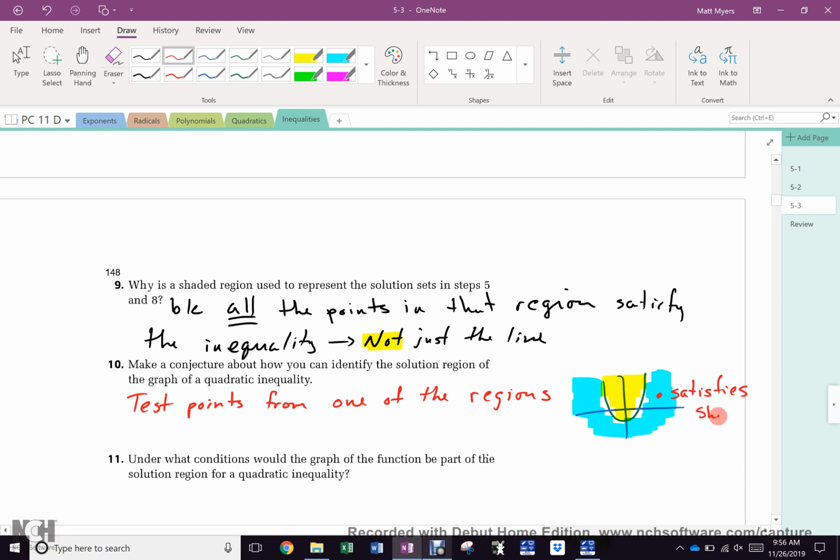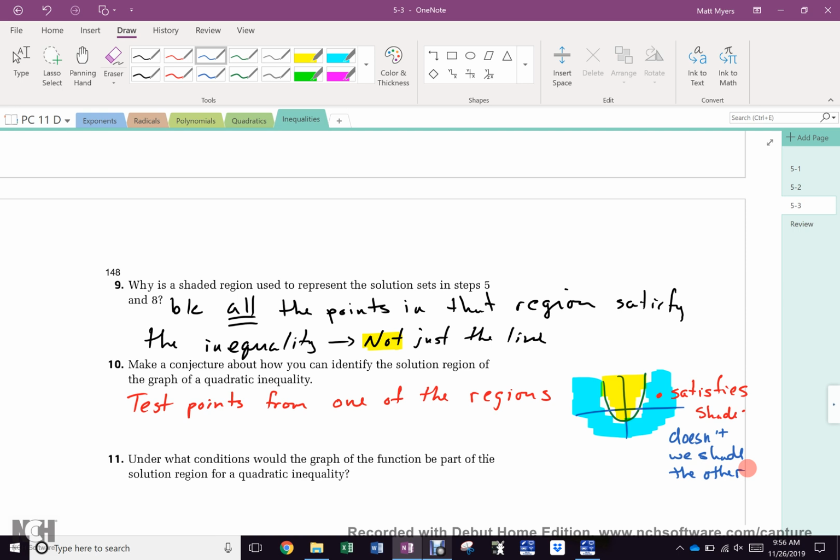Satisfies, we shade. If it doesn't satisfy, we shade the other region. So we don't need 4 test points. We just need 1. Why did I use 4? Because we were trying to prove how to do the above and below.